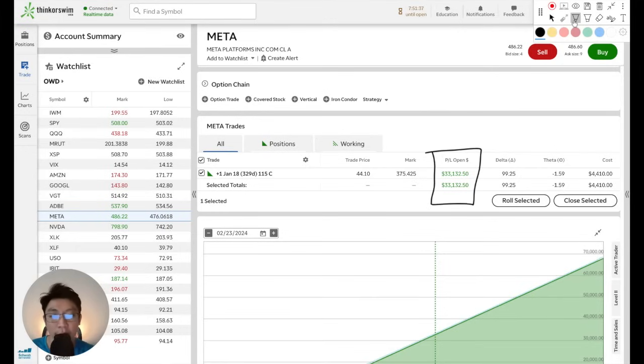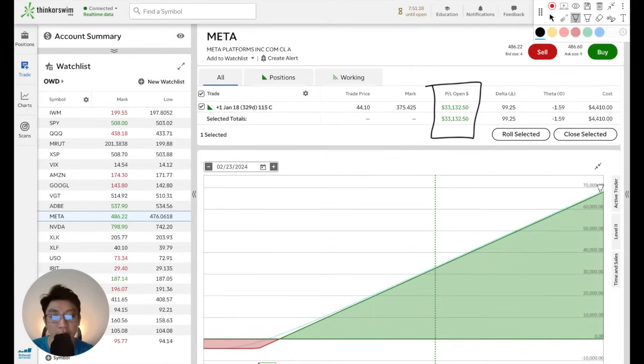Why LEAPS are an important part of our options portfolio is because for the long term, as the market goes up, as you can see in this P&L graph down here, there is no cap. It can just keep going up and up and up. And as long as the stock keeps going up over the long term, you can still keep profiting. So this leverage that you have can be quite good. As you can see down here for Meta, my cost on this particular LEAP is only $4,000, and my P&L open as of now is $33,000. So it's a pretty decent return.